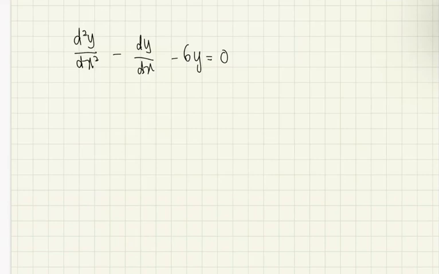So we have a second order linear differential equation with constant coefficients, which are 1, 1, and 6. And we also have a linear equation where the power of y is 1 and the function f(x) equal to 0. So this is called a homogeneous equation. So in order to solve this one, first you must transform this equation into the characteristic equation.